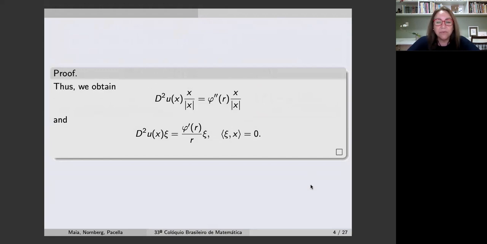Therefore, phi'' is the eigenvalue with associated eigenvector x over the norm of x.